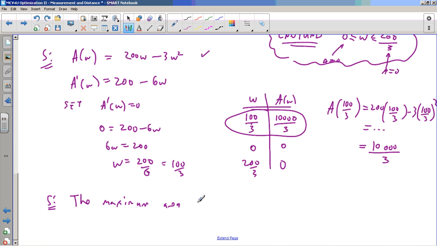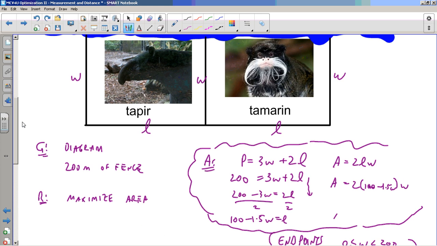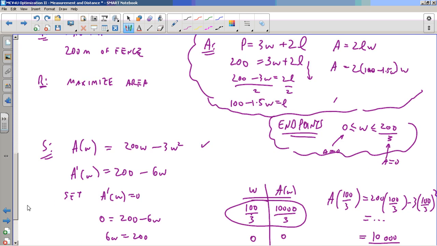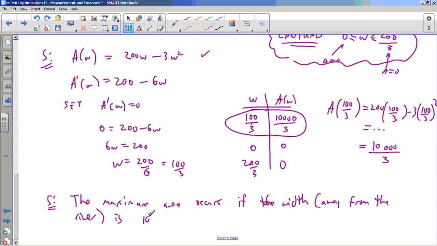The maximum area occurs if the width, and that's away from the river, so W, away from the river, this thing, is 100 over 3 meters.